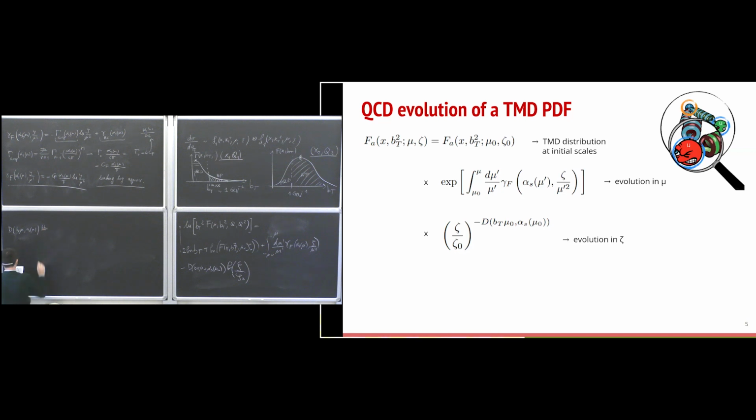At the leading log, this is 2 times CF alpha strong over pi, times log of mu squared divided by mu b squared, where mu b is defined as 2 times e to the minus Euler gamma divided by bt. Let's call it C0. We don't really care about this value. It's roughly equal to 1, by the way. So this is the function that we need for d, and that's the function that we need for gamma f.